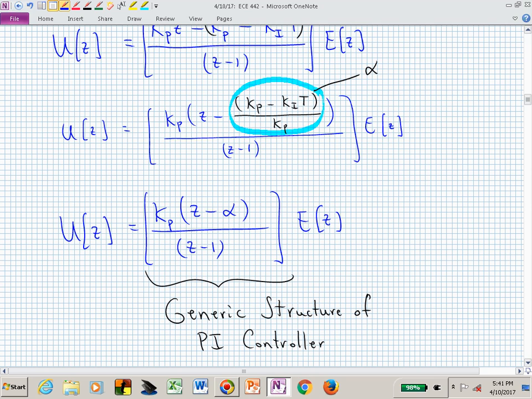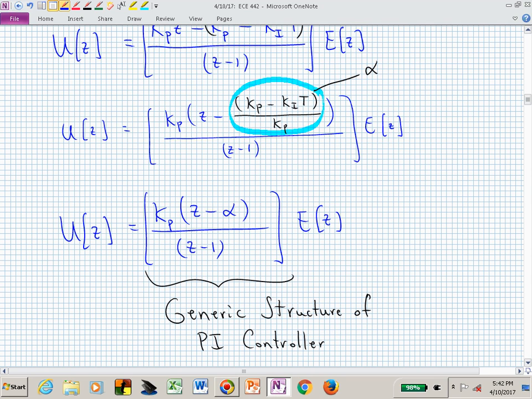You have a pole at z equal 1, that's the z minus 1 factor, and then you have a gain, which is exactly the same gain as our proportional gain, and then you have the freedom to locate a zero. I don't know if you remember, but I've talked about having a zero shaker and a pole shaker. Now we have a zero shaker, and we have the liberty of locating that zero wherever we want in the complex plane, as long as it's real.